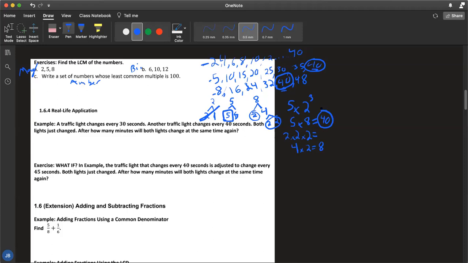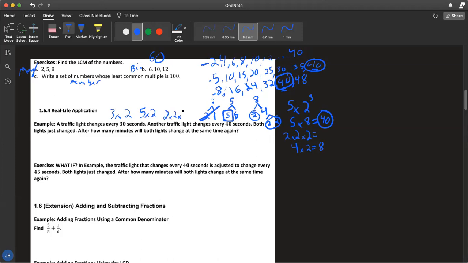Okay, Brian, for part B, 6, 10, and 12. What I got was 60. So you got 60. And which way did you do it, Brian? Prime factorization. Okay, so you took 6, and you had 3 times 2. And 10 can be broken down into 5 times 2. And 12 can be broken down into 2 times 2 times 3.